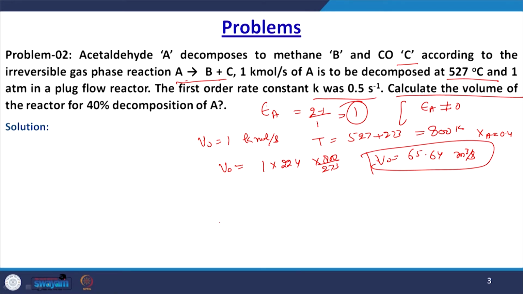Now if we talk about the varying volume system, in that case V is equal to V naught (1 plus epsilon A XA), or V is equal to V naught (1 plus XA), because we have already found out the value of epsilon as 1. So the rate for decomposition of a reactant A can be written as minus rA is equal to k CA.